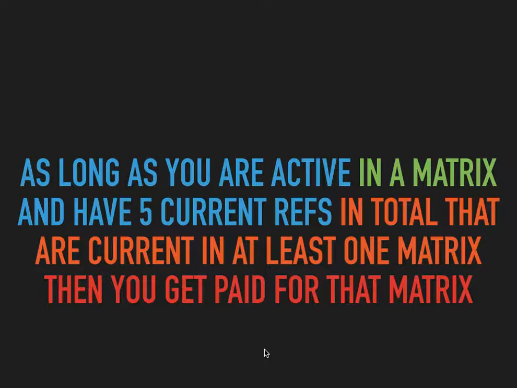So you might, like we said before, have deposited money in 10 matrices, even though our team will do it through our earnings, but just to make an example again, you can have an active deposit in 10 matrices, but your 5 current referrals could be just in one matrix, active or current.